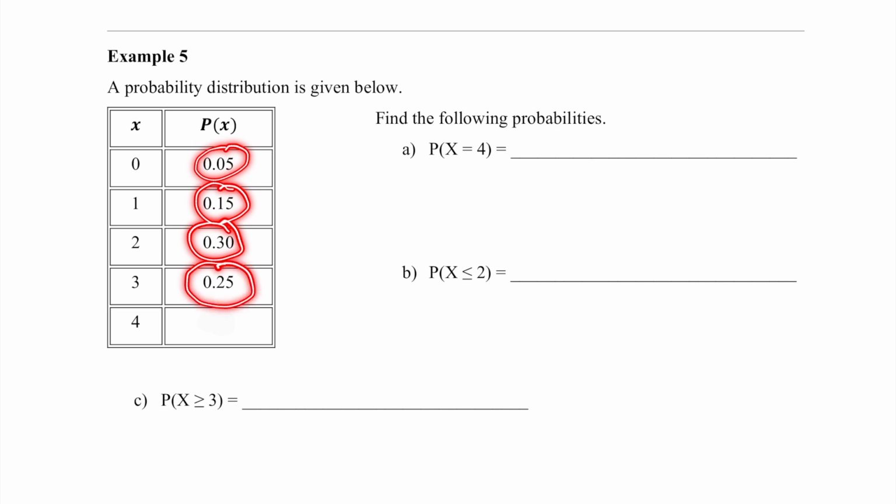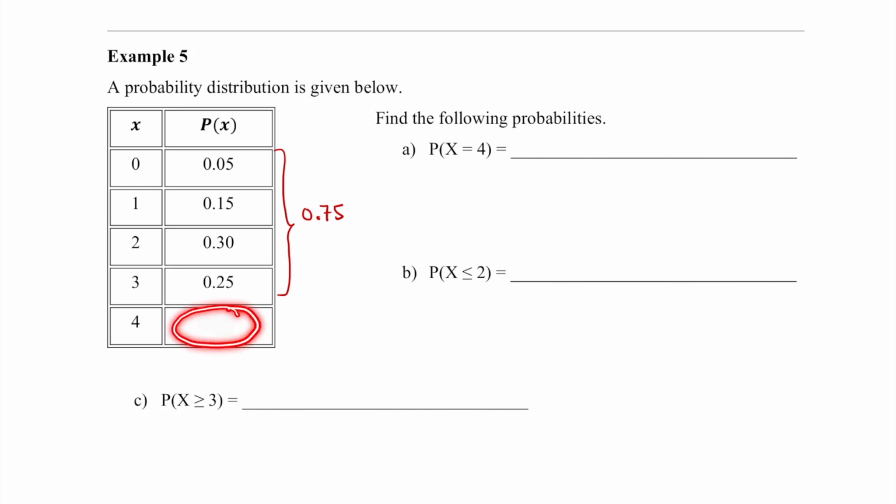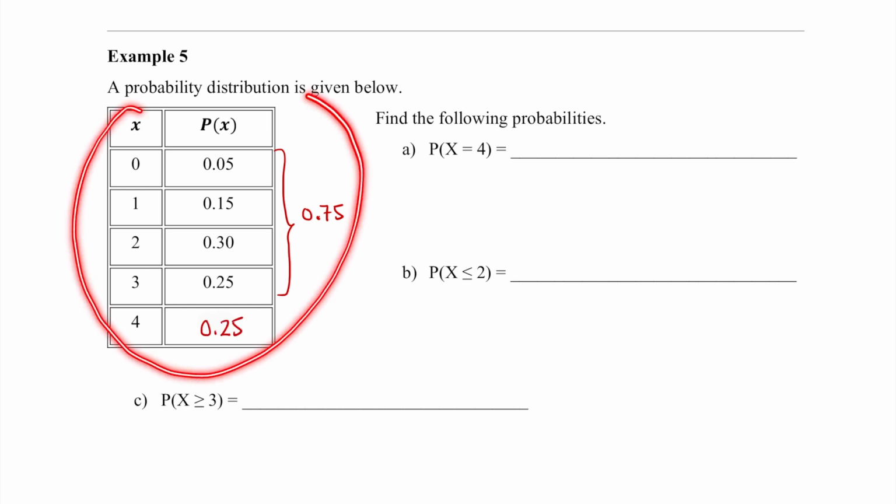We get 0.75. To find this missing probability, we'll take 1 minus 0.75, which equals 0.25. So this is the complete probability distribution.